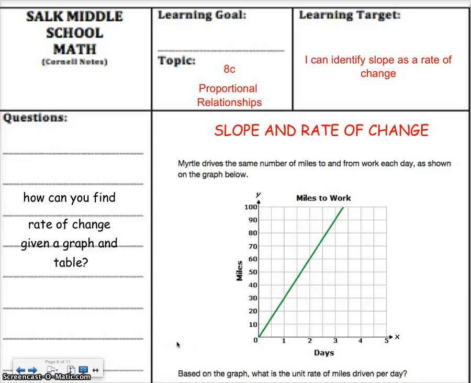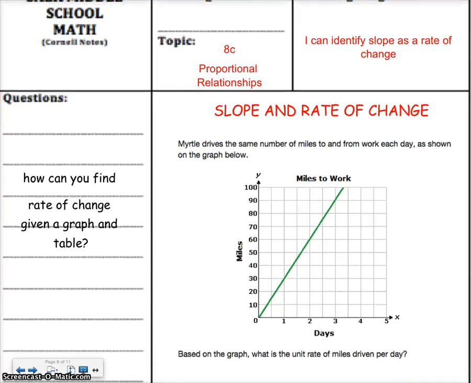Okay, we're going to finish or touch base on our last concept on slope. What I want you to be able to identify today is that slope is a rate of change. Rate is really a ratio. Rate of change is how does your y change over how does your x change. That is your rate of change.